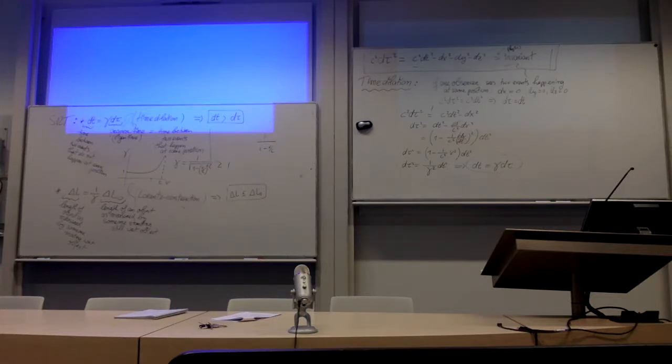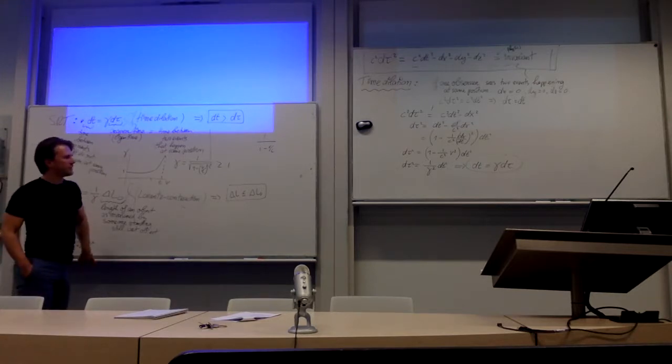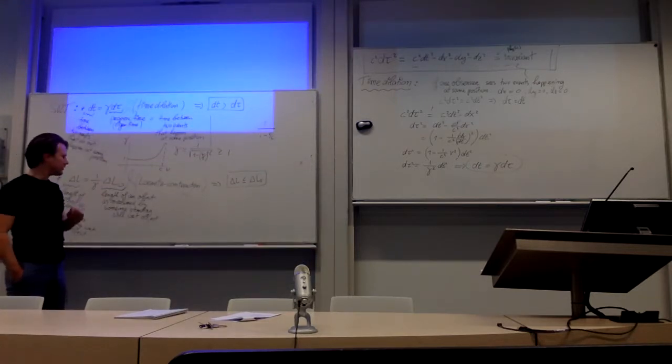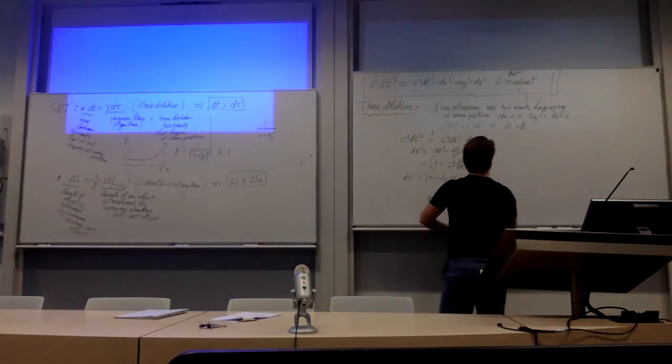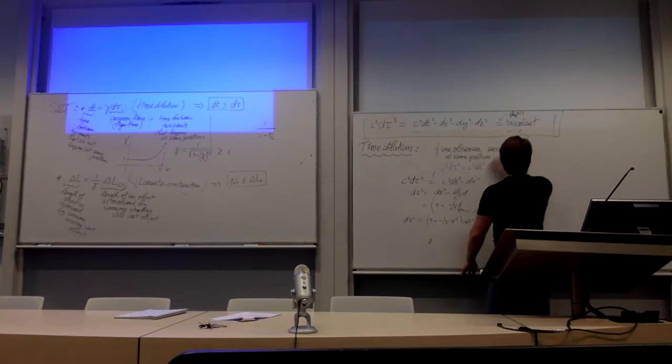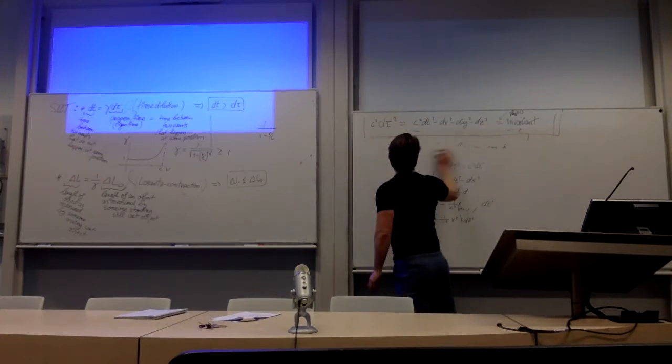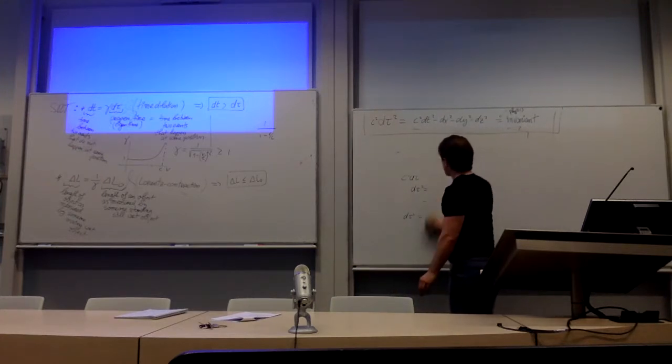Other relations maybe? Between one guy's observations and the other guy's observations? Lorentz transforms. You've seen this, right? Do you know what they are? The expressions? I'm going to remove this. So we're going to take time dilation as given.